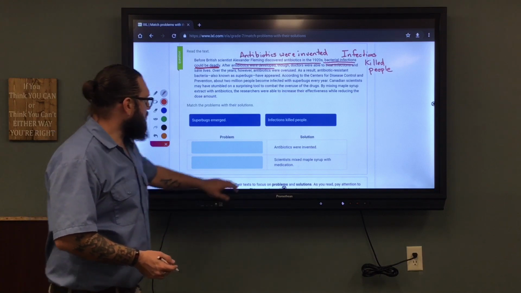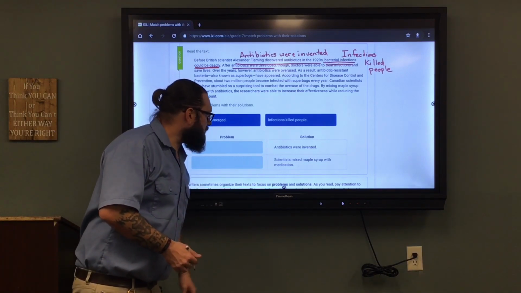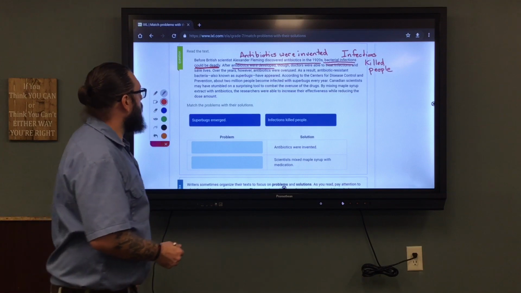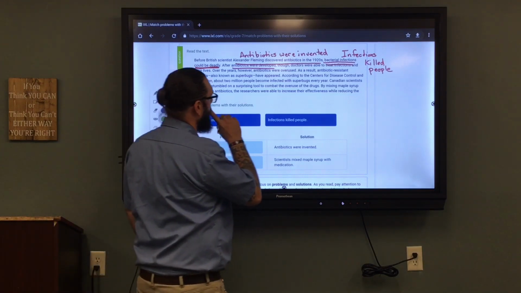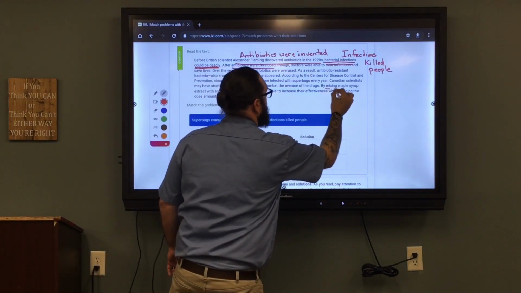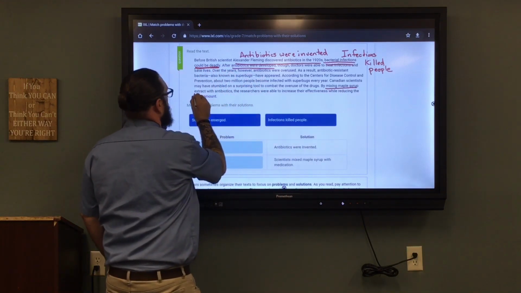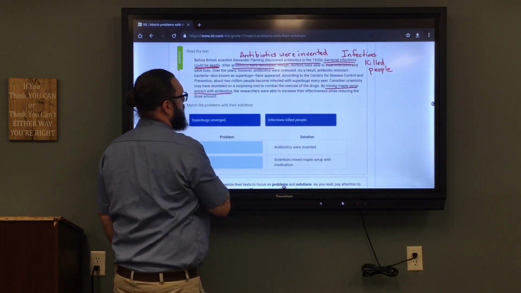All right, next. The solution was scientists mixed maple syrup with medication. Well, we see this here, mixing maple syrup extract with antibiotics.